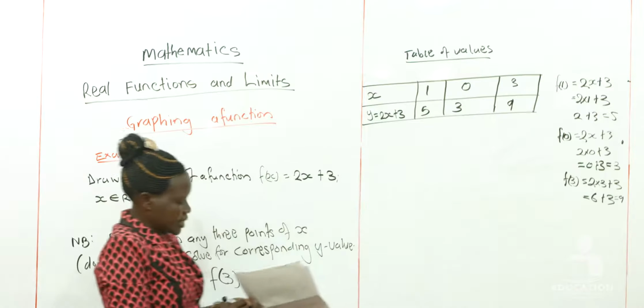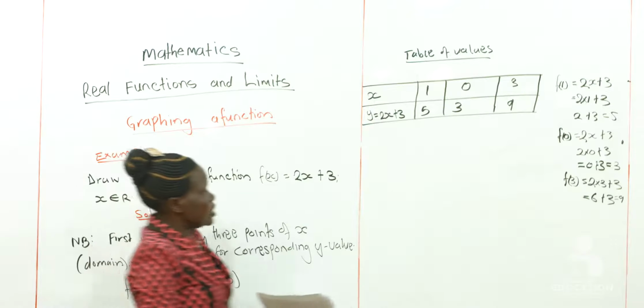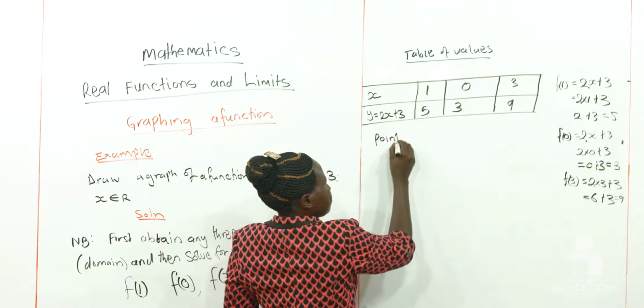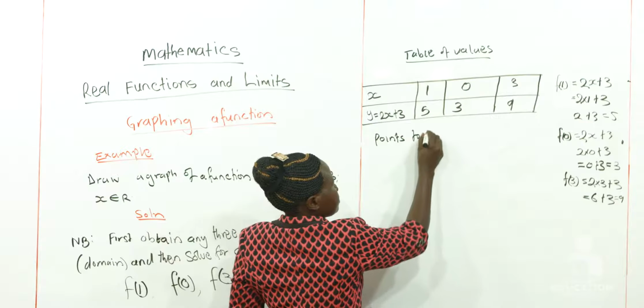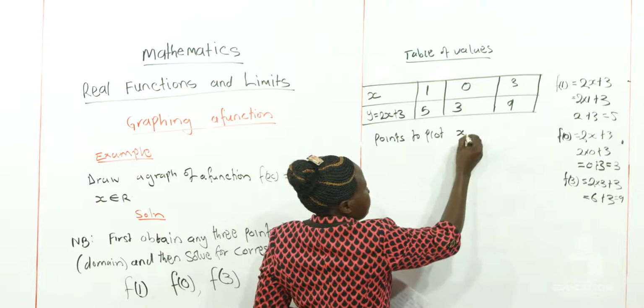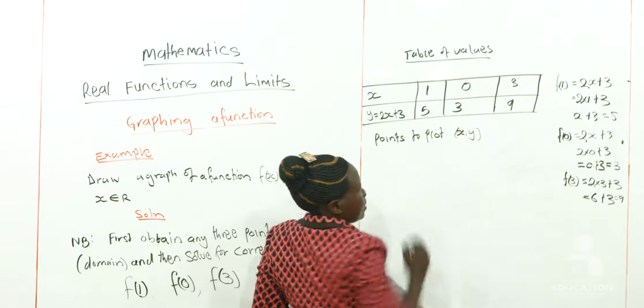Learners, after getting the table of values, now you say points to plot, that is (x, y).